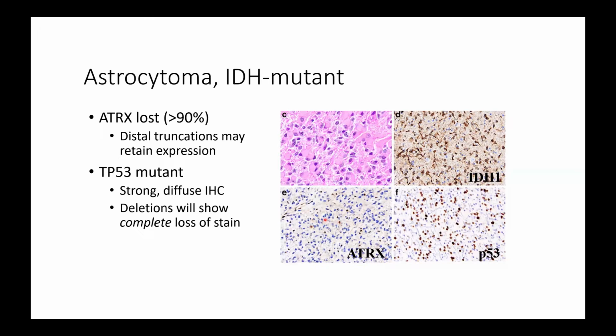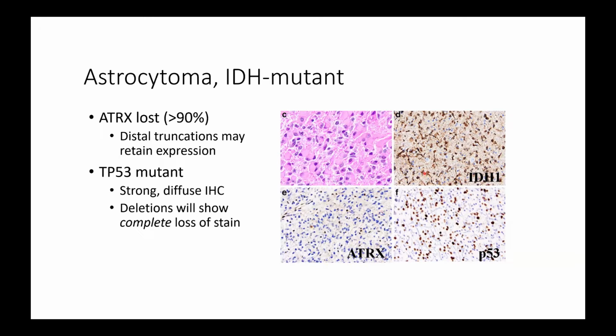And then most of these tumors have P53 mutations, and the specific mutations are often missense inactivating mutations, which means that the protein continues to be expressed and upregulated. And as a result, the immunohistochemical pattern shows strong and diffuse staining throughout the tumor cells. There can occasionally be deletion mutations, in which case the stain would be completely negative, but that's a much more difficult instance to interpret.